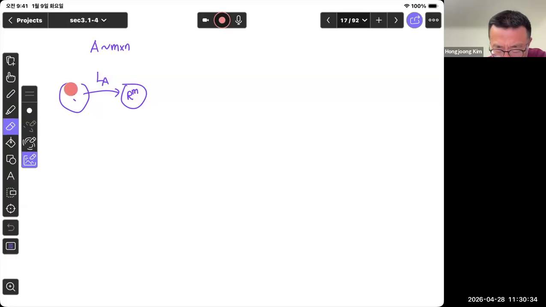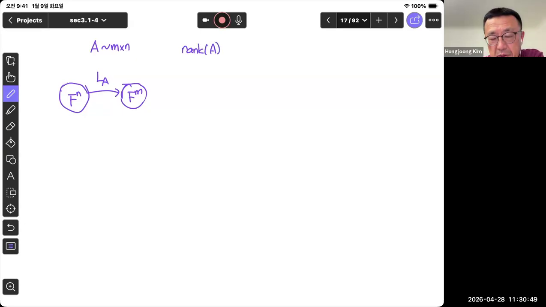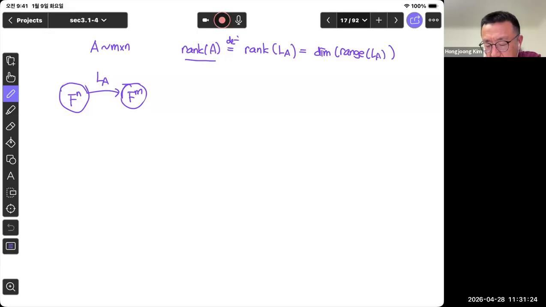And the rank of A was defined by the rank of the linear transformation L sub A, which is a specific linear transformation.